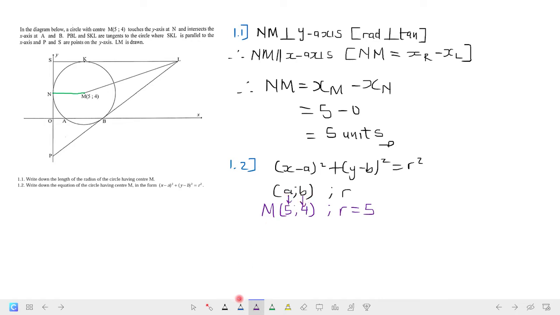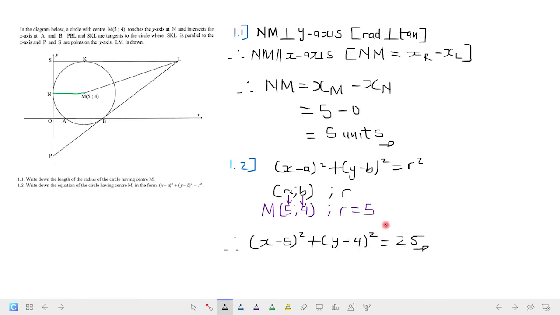So let's go ahead and substitute there. Therefore we're going to say (x minus 5) squared plus (y minus 4) squared equals, r is 5, so 5 squared is what? It is 25. And that is going to be our final answer.